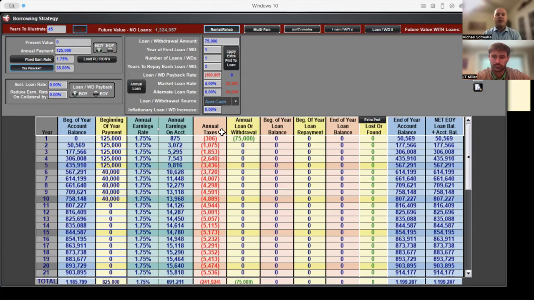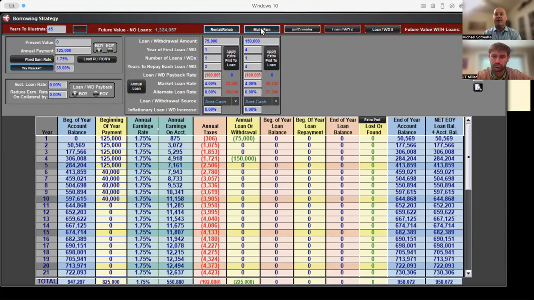All right. So we're in the first year. We put our 125 in. We pulled out 75,000 to go buy that first rental or that first rehab. And then a couple years go by, and we get a good deal on a multifamily, and we find a $150,000 multifamily that we can start investing in.